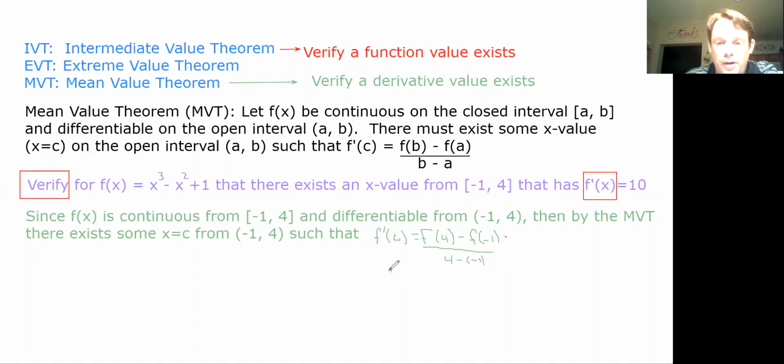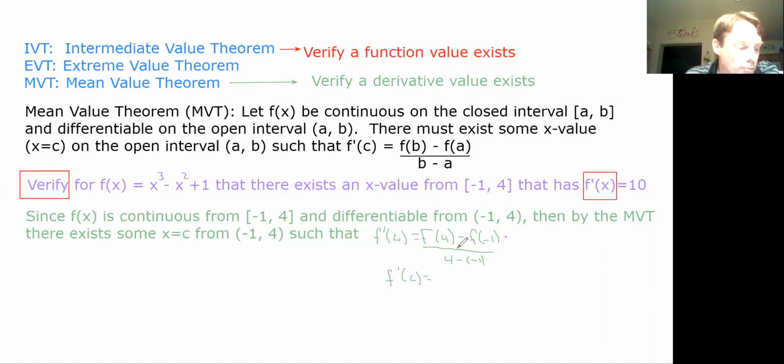So we're going to plug these values in now. Right now, we don't necessarily know that it's going to be f prime of x equals 10. We're guessing that it is. So if I plug 4 into my original equation, what do I get?